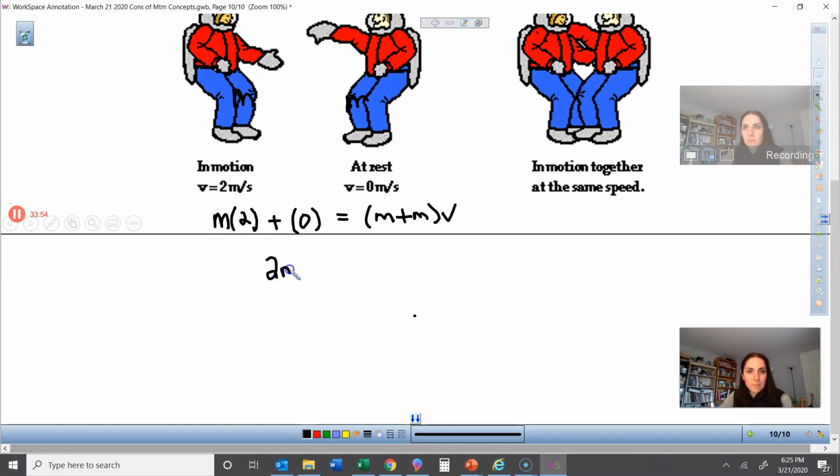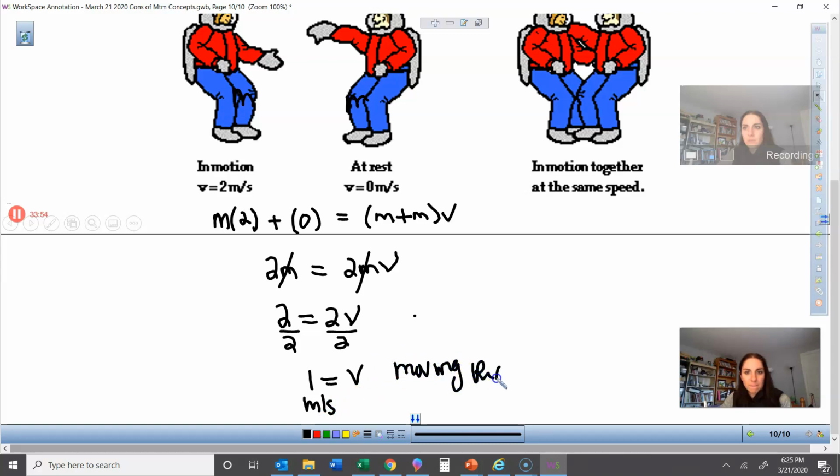So we get 2m, notice what I did there, is equal to 2mv. The m's cancel, so I get 2 equals 2v. If I divide both sides by 2, I get 1 equals v, meters per second. And of course this is positive, so we're moving right.